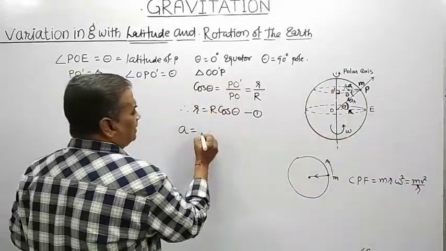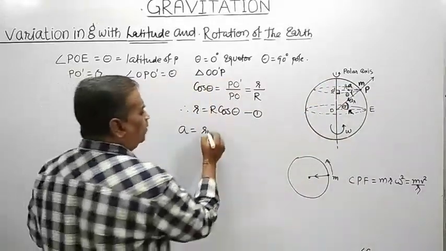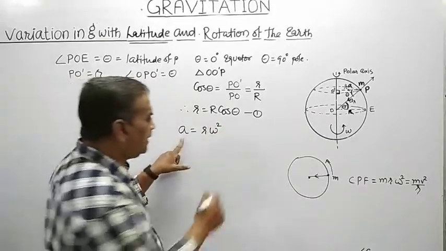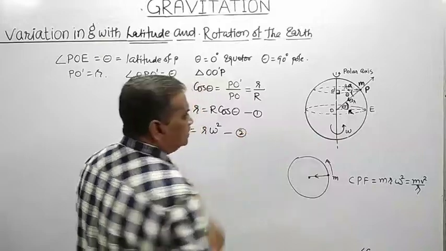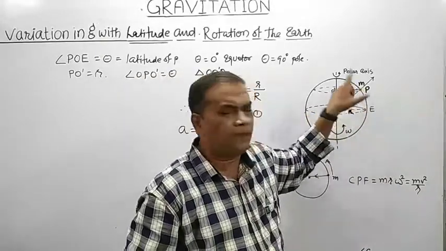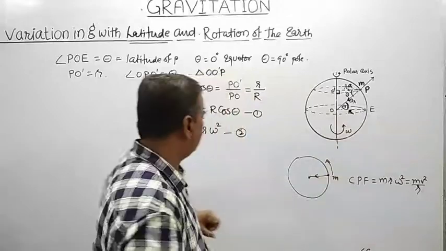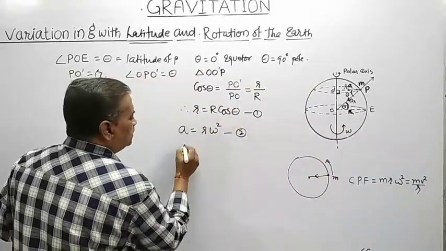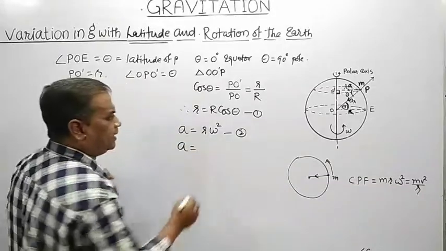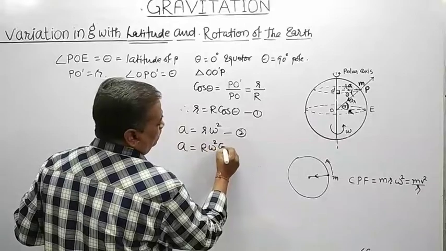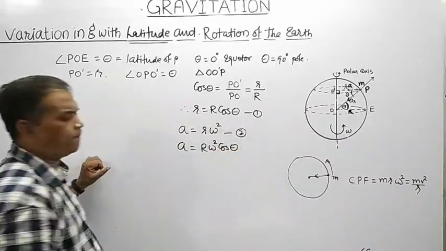So centripetal acceleration is r omega square. What is this A? It will give us the centripetal acceleration acting on the particle at point P. But we know small r is equal to R cos theta. So centripetal acceleration A is equal to R omega square into cos of theta.